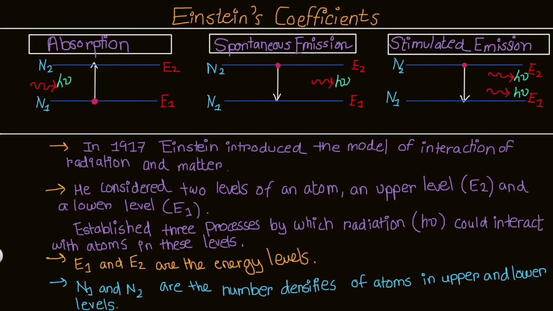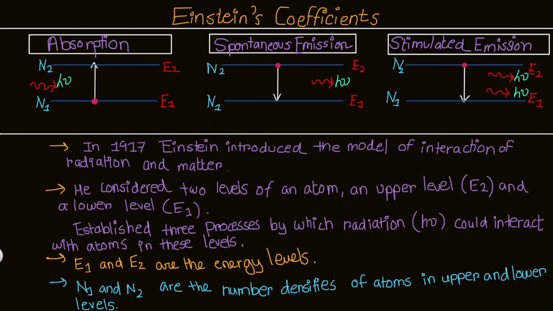Before I jump into explaining the three processes, I have to first explain a little bit of the history behind this. In 1917, Einstein introduced the model of interaction of radiation and matter. He basically considered two levels of an atom, an upper level associated with the energy E2 and a lower level associated with the energy E1.